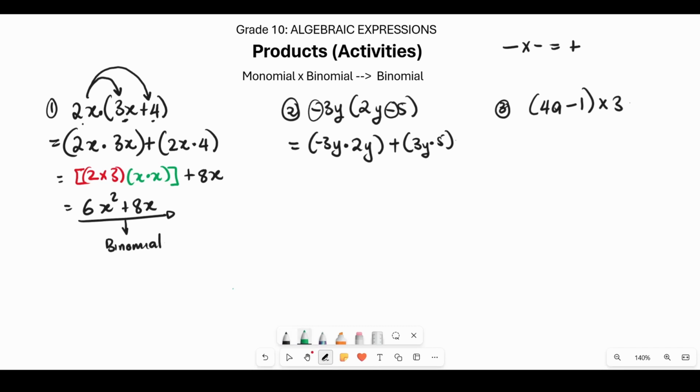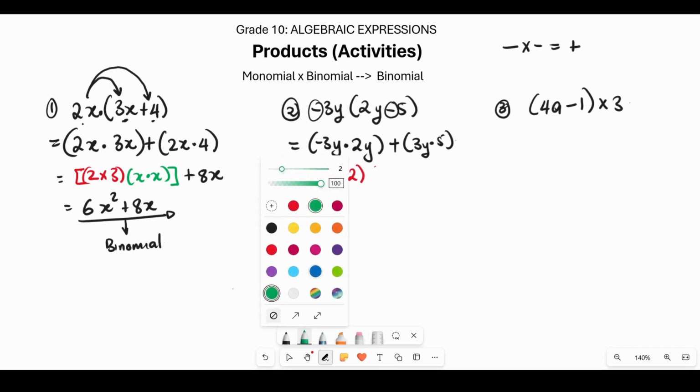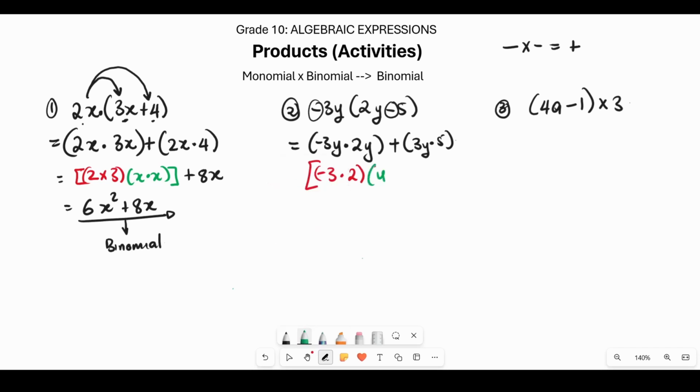So in this case, again, highlighting. This will be my last time highlighting, I promise. So let's use square brackets. Negative 3 multiply 2. Then in the other bracket, we're going to have y multiplying y. Then close the bracket. Then we go back to this one, whereby plus 3 multiply 5, coefficients, remember, 3 multiply 5 is going to be 15, 15y.